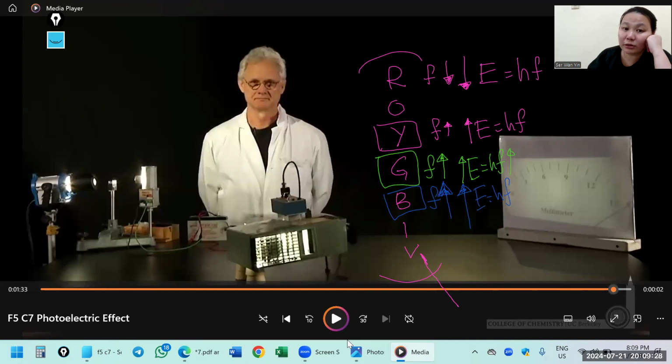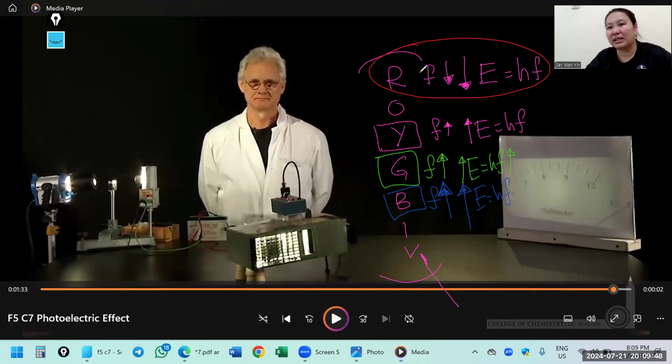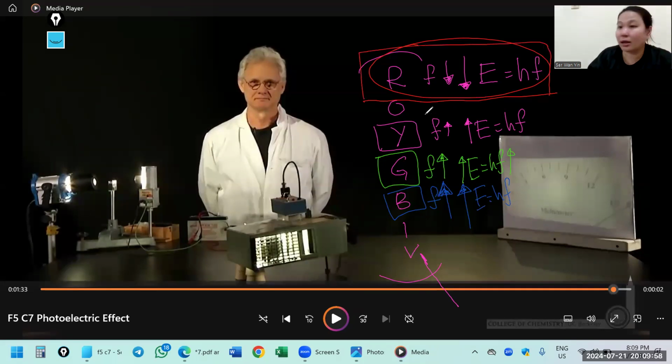Okay, so photoelectric effect means shining a light with certain frequency on the metal, and electrons are emitted. Certain frequency means not including the red. Red's frequency is lower than the minimum frequency, so red cannot have the photoelectric effect.